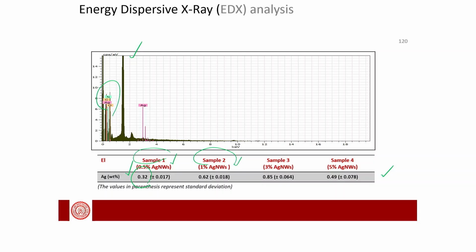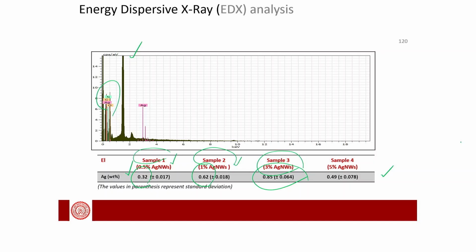Now, for sample 2, where 1% silver nanowire was used, we found the silver content in the fiber was 0.62%, and when 3% nanowire was used, we could achieve 0.85%.